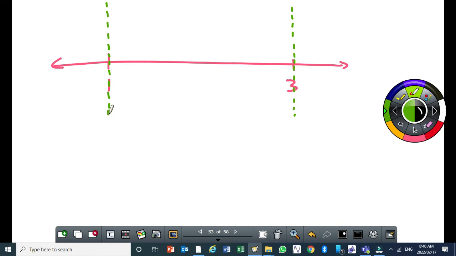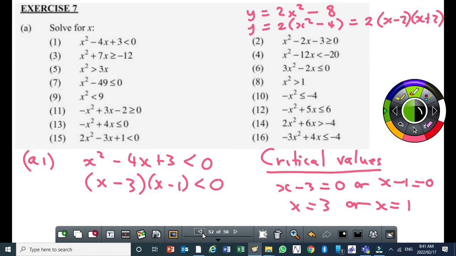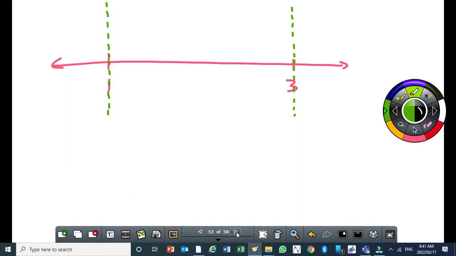Then, you use a trial and error method to determine the solution. So the trial and error method works this way. Since I have got my critical values as x equal to 3 and x equal to 1, I'm sure you can agree with me that to the right of 3, the x values are greater than 3. I hope you can agree with me on that.